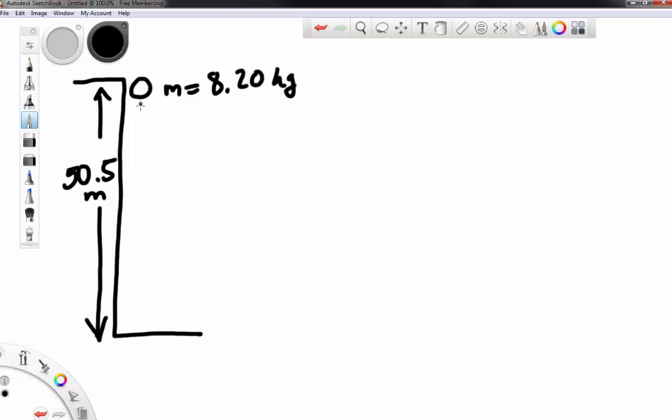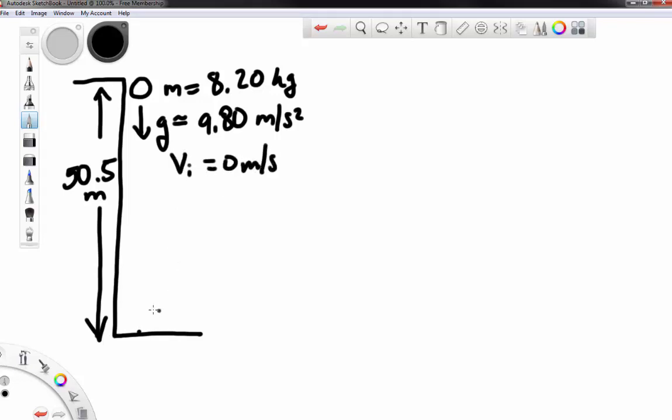It's in free fall, so we use an acceleration of g as 9.80 meters per second squared. Rock is falling all the way down to here. The initial speed up here is 0 meters per second. And what we want to know is, what is the final speed down here? This would be equivalent to having a height of 0.